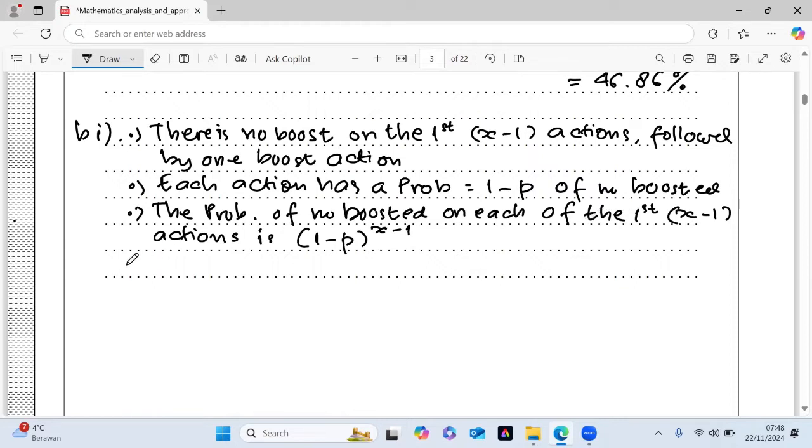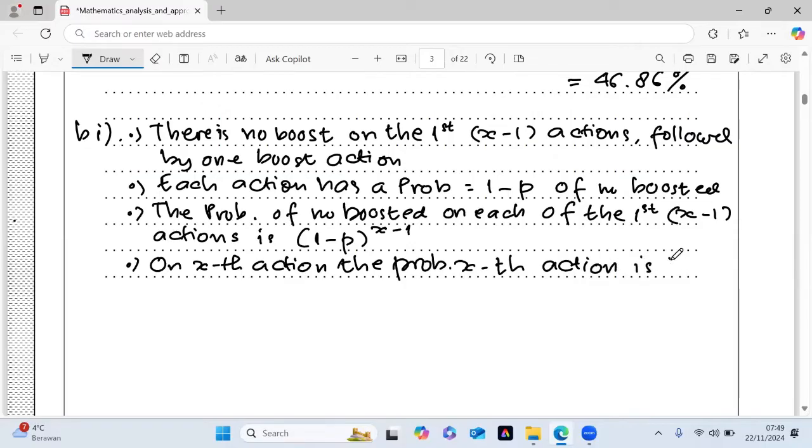And the fourth, on the X action, the probability is p. This is the probability of the X action.